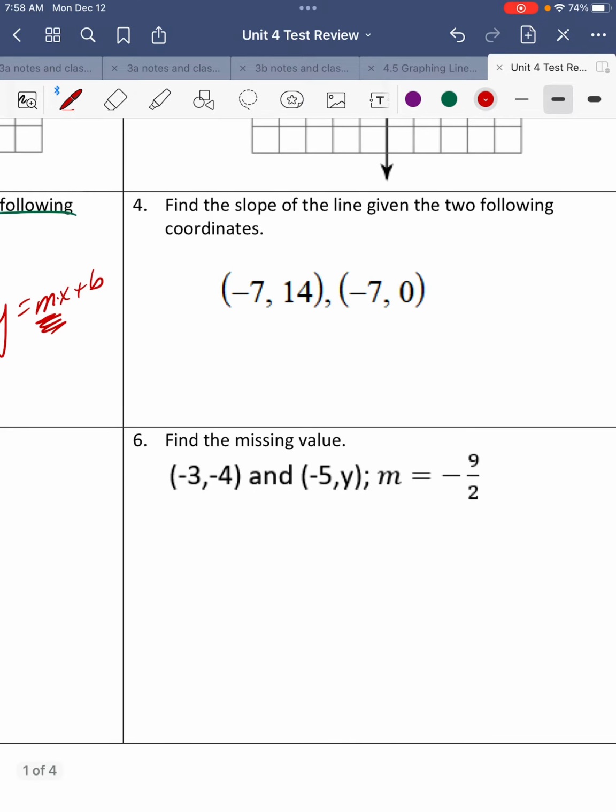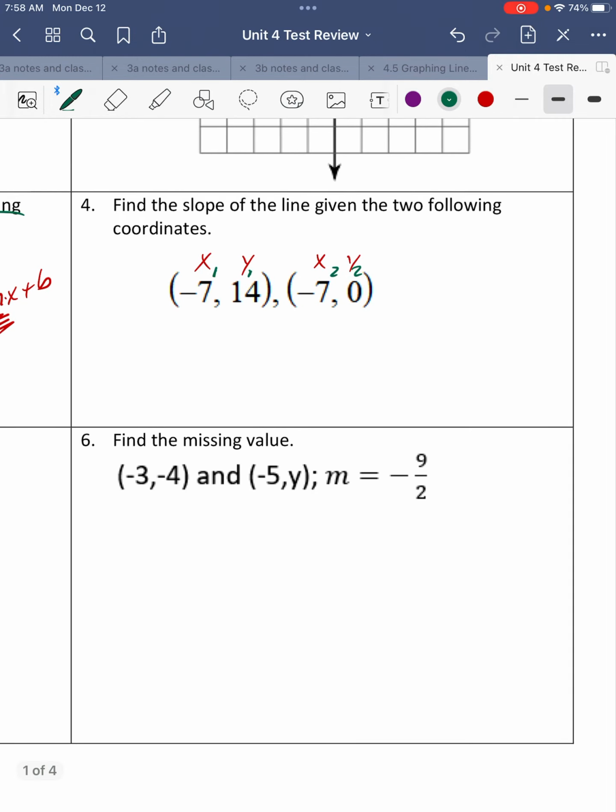All right, again, we're given two coordinates, finding the slope. Label your x, y's. Which one's going to be your first coordinate? Which one's going to be your second coordinate? It does not matter. We're going to do 0 minus 14 over -7 minus -7.